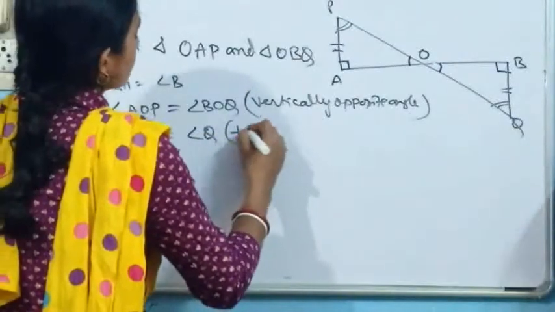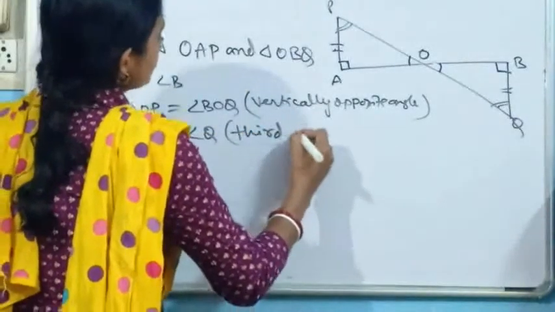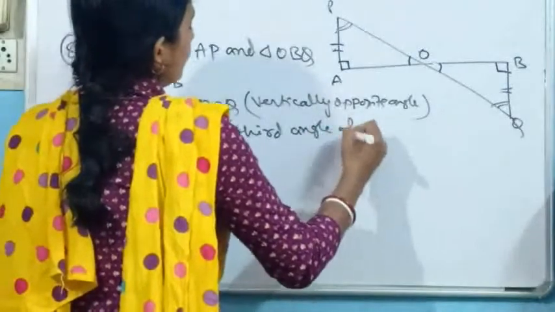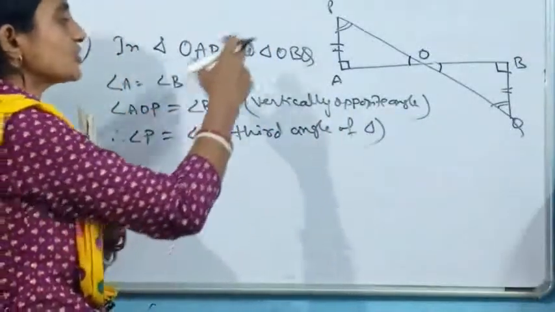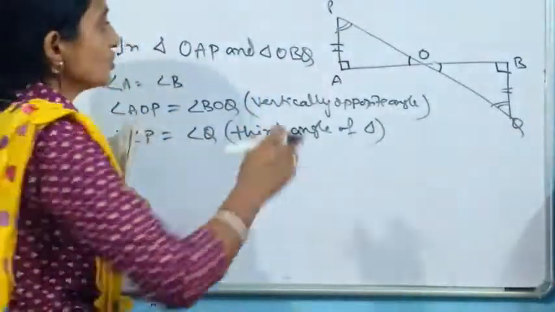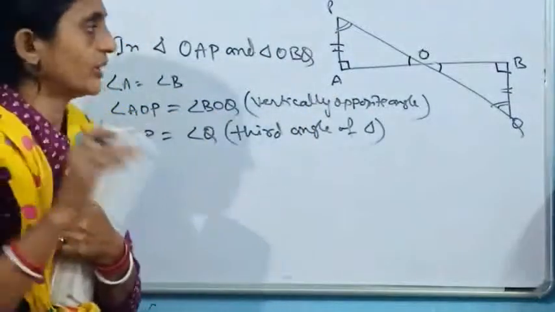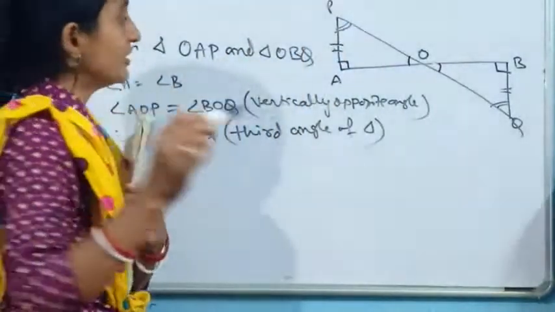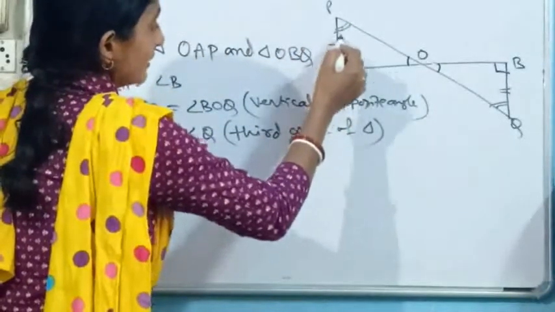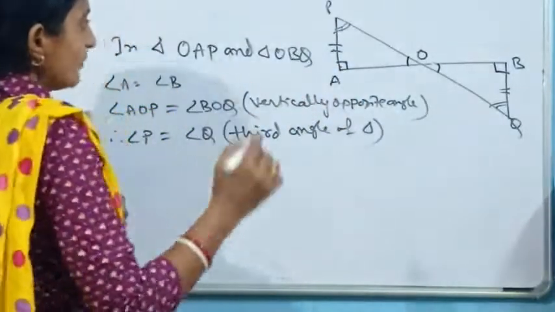Why? Because two angles of the same triangle I have got equal, so definitely the third angle will be equal. Now when I am putting this as equal, be attentive. What are the things I am getting? Angle, side, angle. Now I will present them.